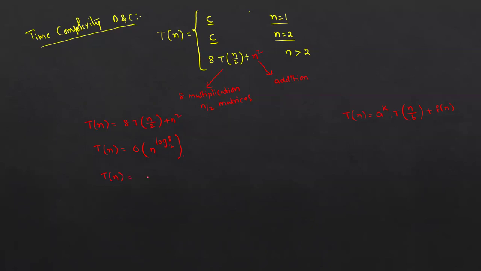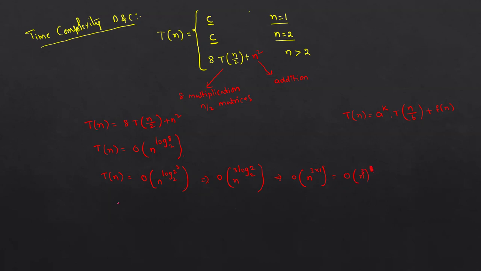T of n equals order of n to the power of log 8 base 2, where 8 is 2 cube, which is equivalent to order of n to the power of 3 log 2 base 2. What is log a base a? Its value is 1. So order of n to the power of 3 into 1, whose time complexity is order of n cube only.